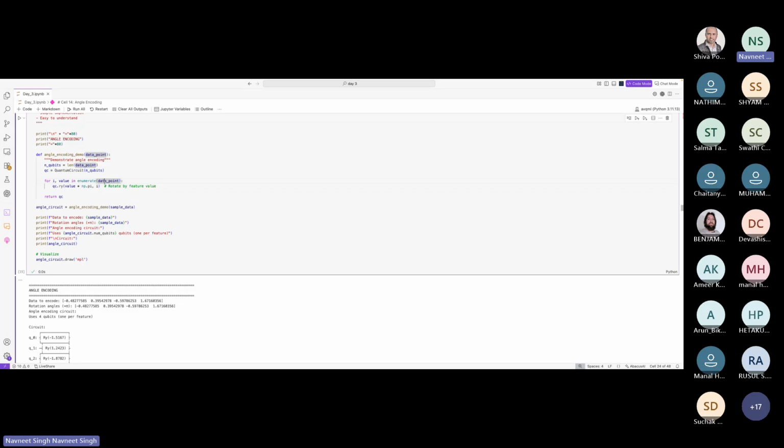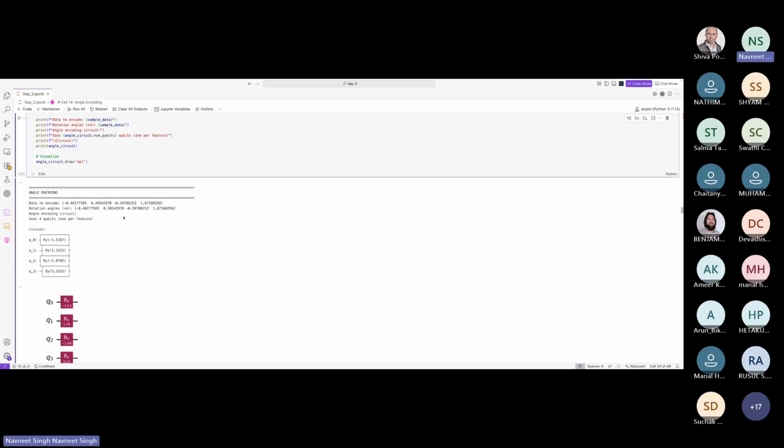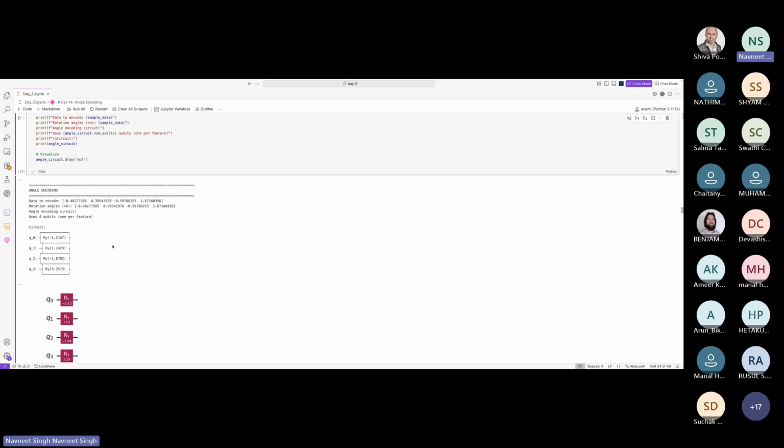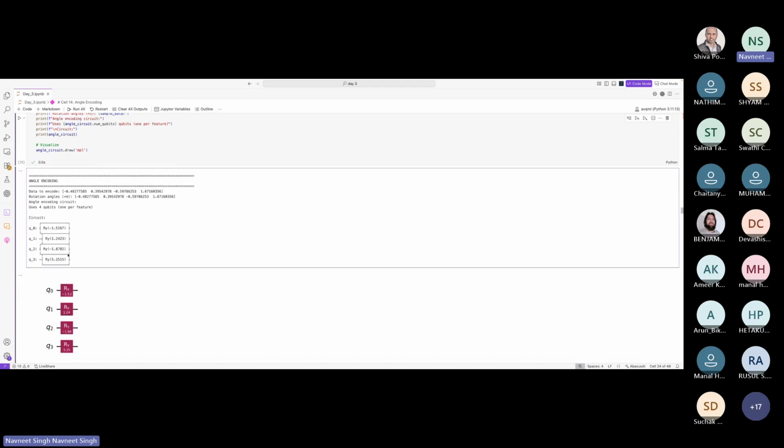In the end, you can get the circuit and you will see a row of RY gates, one qubit per feature, with angles proportional to their feature values. So that's the angle encoding.